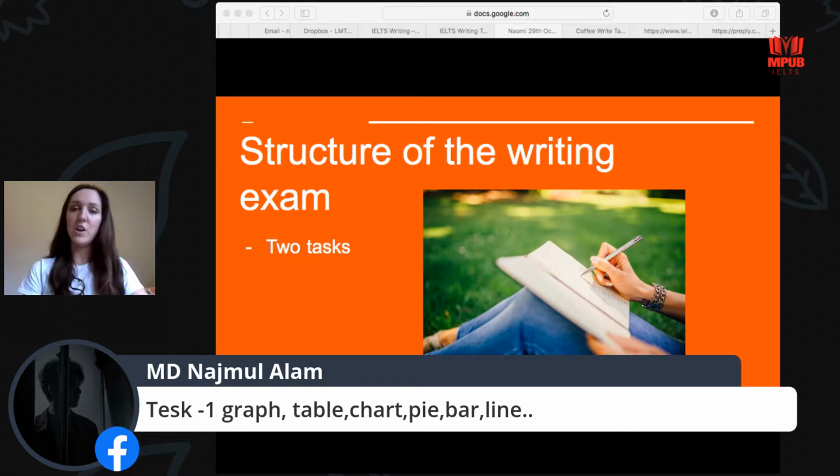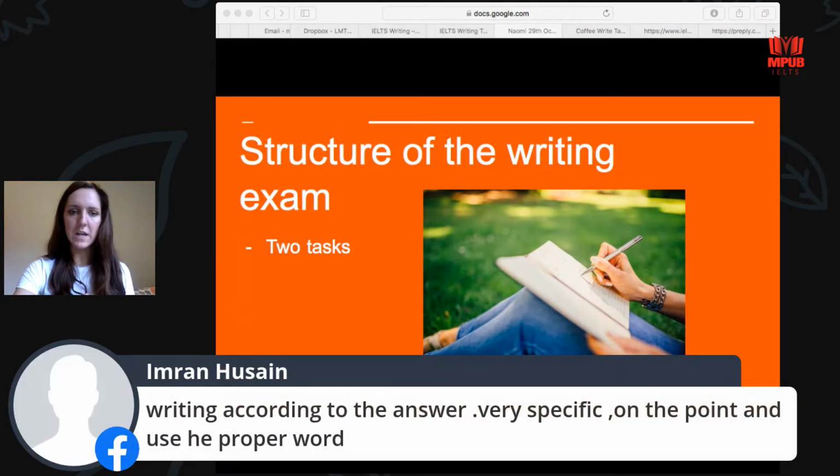That is absolutely correct. And that is for the academic IELTS. For the general IELTS, the first task is writing a letter. In the academic, you don't write a letter at all. You are given a graph or a table, and you have to give a summary. We'll look at that in more detail in a minute.